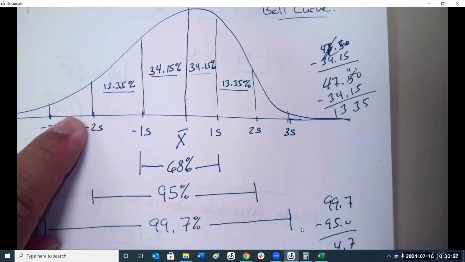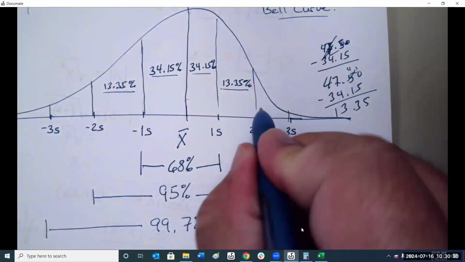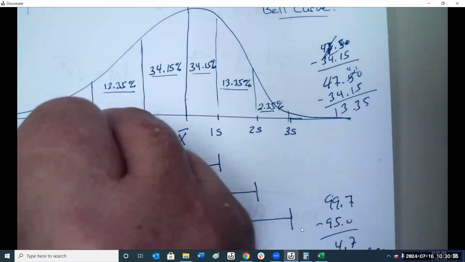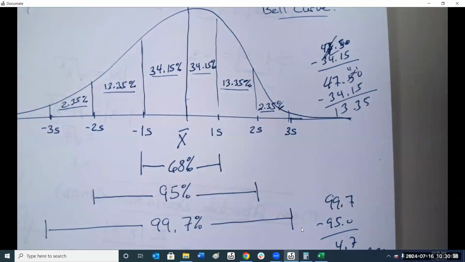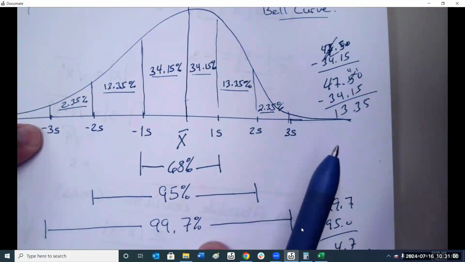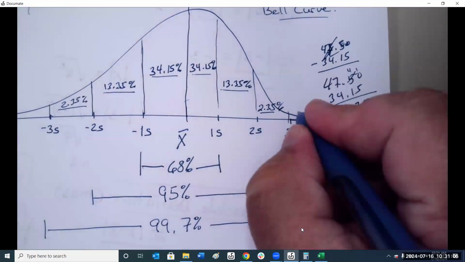Divide it by 2, we get 2.35. And then how much is in the very long tails? Well, we know that the third standard deviation is 99.7. What else is left? 0.3. What's half of 0.3? 0.15.